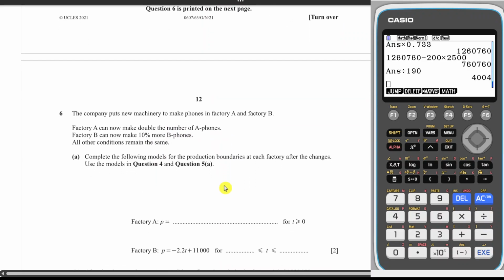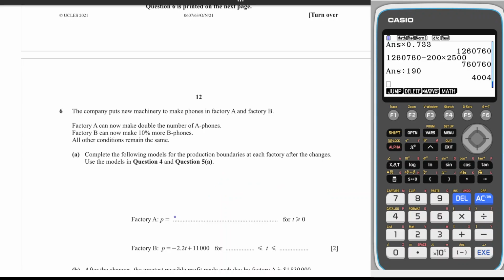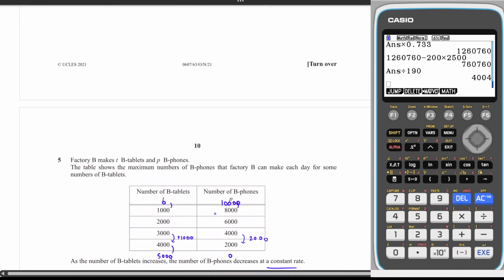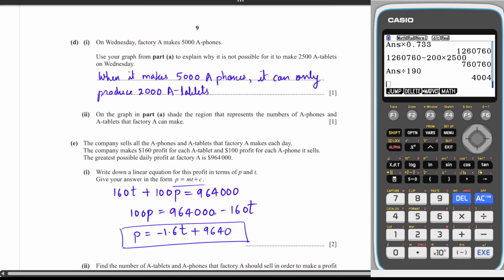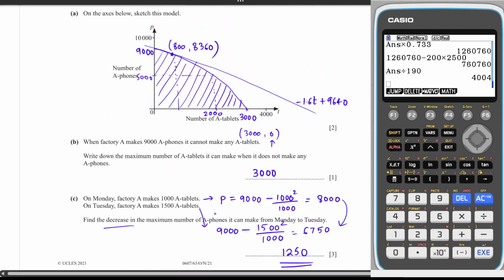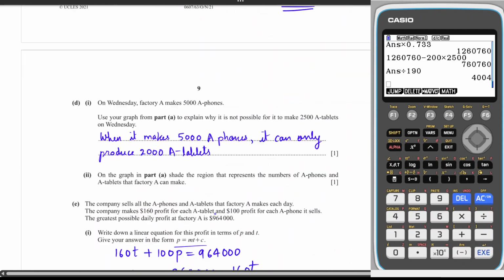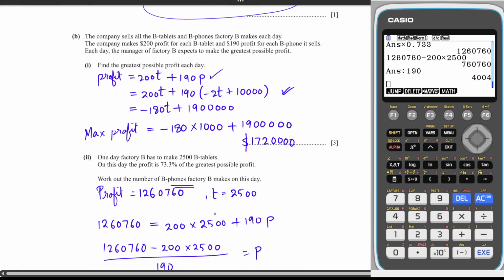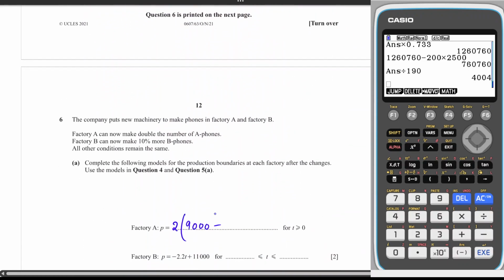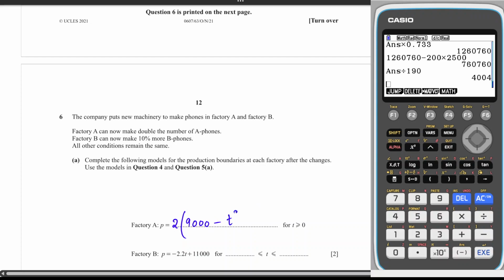So I can just say now the number of phones is double than what it was previous. The double of what is it, 9,000 minus t square by 1000. This is t square by 1000.